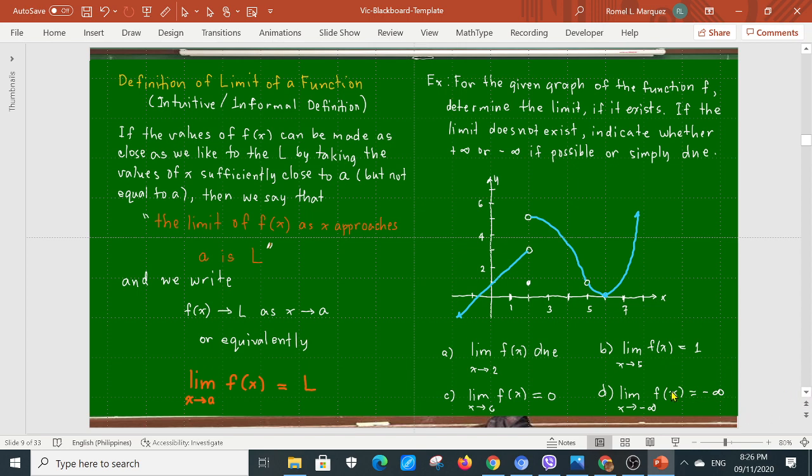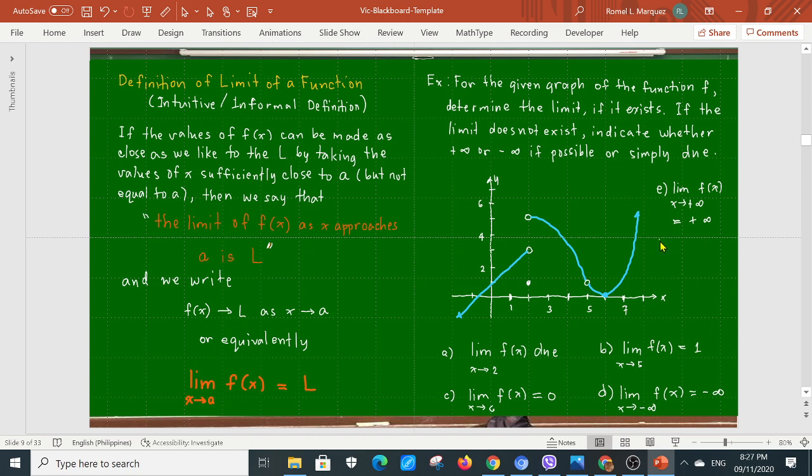What about limit as x approaches 0? Letter E, limit as x approaches positive infinity. What's the answer of f of x? Going to the right, as I keep on going to the right, positive infinity.